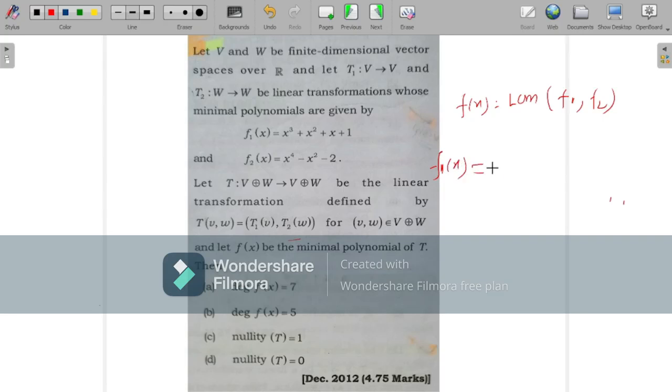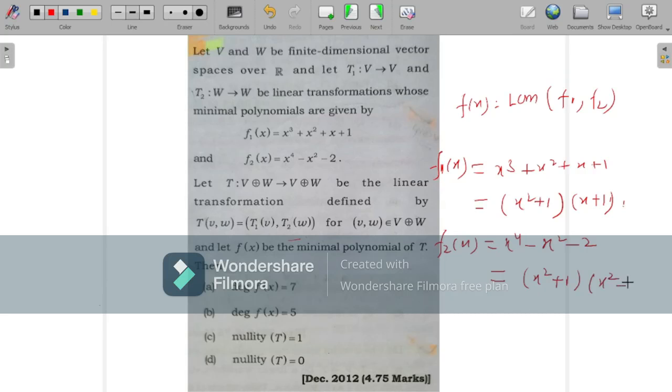f1 of x is equal to x square plus 1 into x plus 1, and f2 of x is x to the power 4 minus x square minus 2, which is equal to x square plus 1 into x square minus 2.